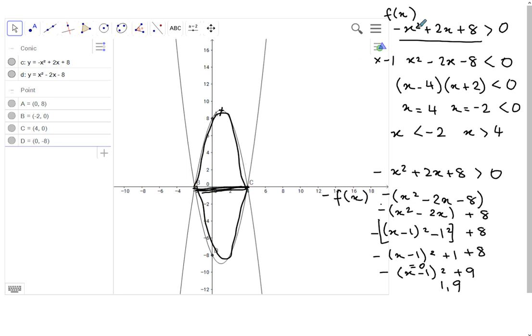So can you see we've actually proved that if we had minus x squared plus 2x plus 8, which is that parabola, is greater than 0, it's actually the same as x squared minus 2x minus 8 is less than 0, because we're still picking up the same values of x, which are those. Okay, I hope that was easy to understand.